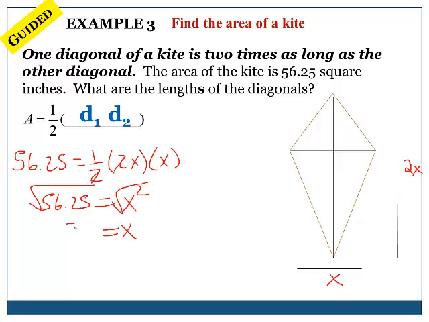The square root gives you 7.5, so this would be 7.5. And this one would be twice that, which would be 15. In terms of units, we have square inches, so these are inches and inches. And that's it.